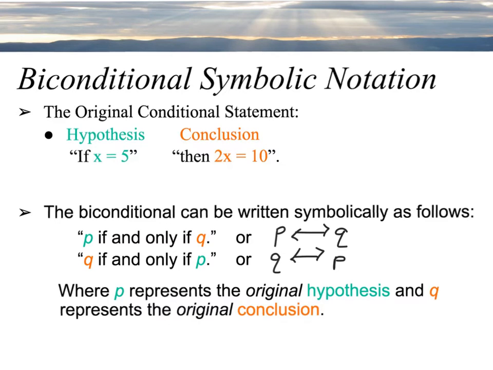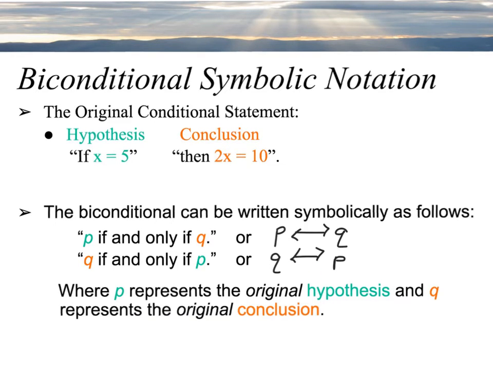Now let's look at it using our biconditional. Just to review, we said we can only write a biconditional when both the conditional statement and the converse of the conditional statement are both true. So going back to the original, if x equals 5, then 2x equals 10. The biconditional we can write symbolically with a two-way arrow.